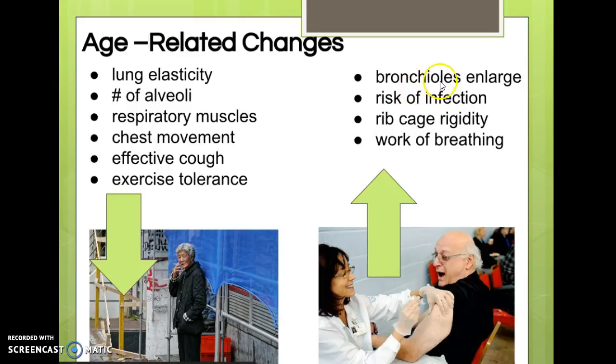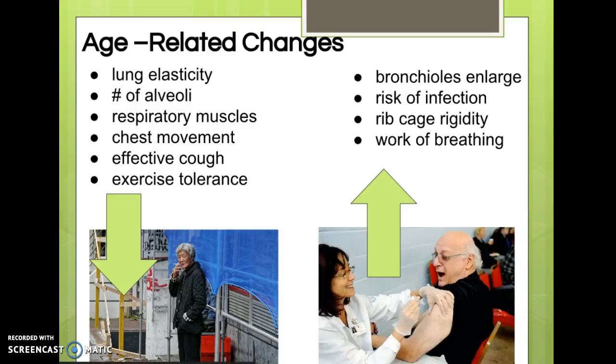And again, that's not really a good thing, thinking of the respiratory system. But for the most part, it is not normal. Again, when we talk about age-related changes, it's not normal for someone to not be able to breathe. Don't ever let yourself think that having COPD is a normal part of aging. It's not. We're not designed for our respiratory system to break down, and when it does, we consider that to be illness.